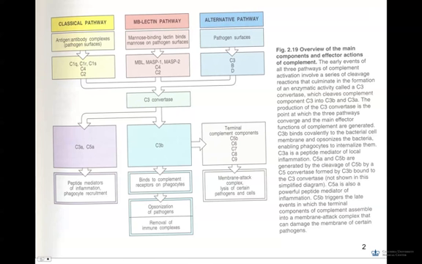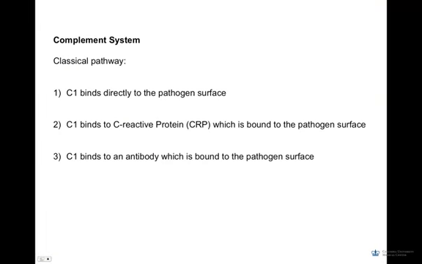So let's talk about the classical pathway. This classical pathway is the most complicated, or the most all-inclusive, pathway for activating complement, compared to the MB-lectin and the alternative pathway. Let's skip ahead for a second and talk about it.